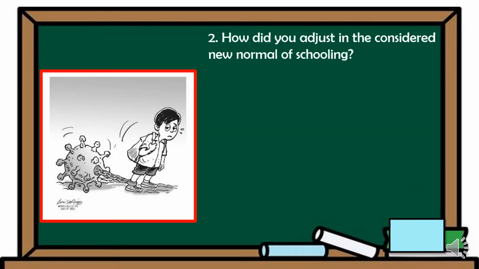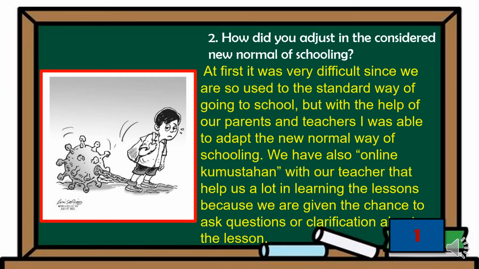Number 2, how did you adjust in the considered new normal of schooling? Answer: At first, it was very difficult since we are so used to the standard way of going to school, but with the help of our parents and teachers, I was able to adopt the new normal way of schooling.